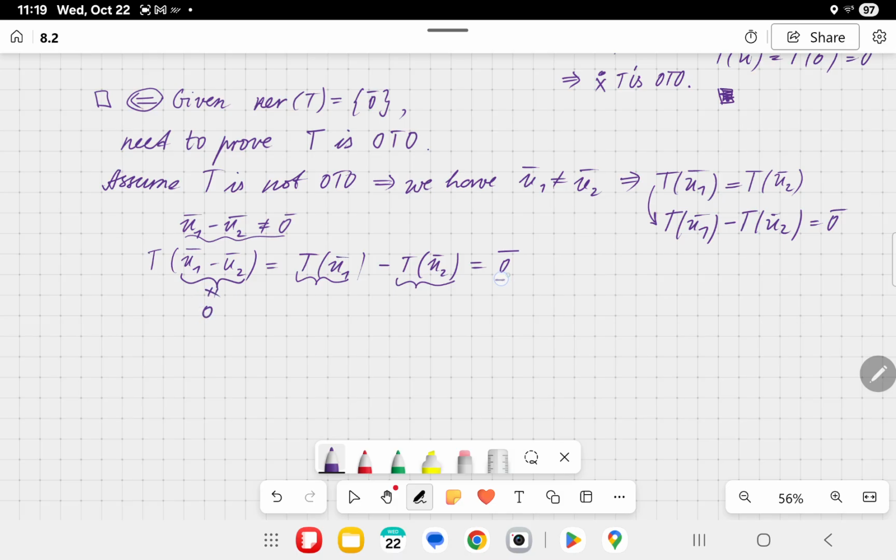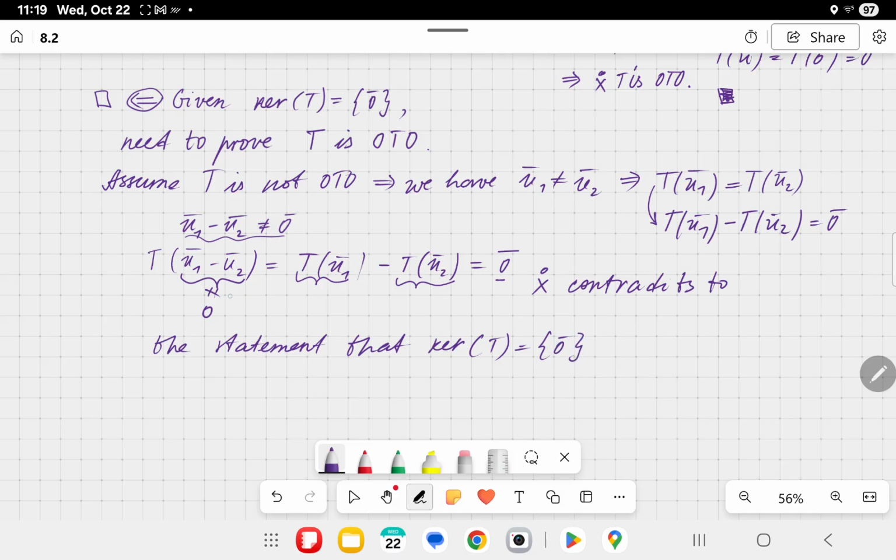goes into 0, and it contradicts what? It contradicts the statement that the kernel of T is only 0, right?